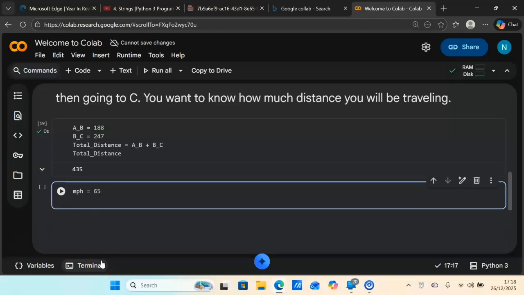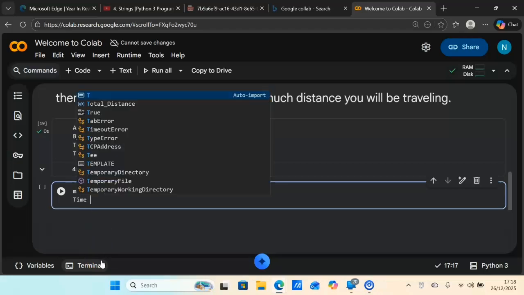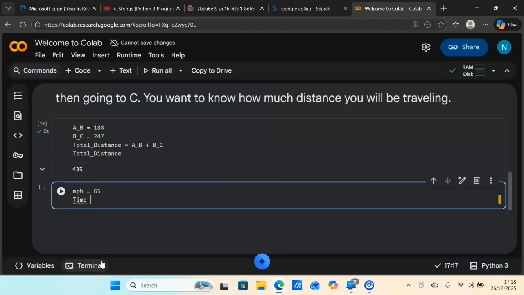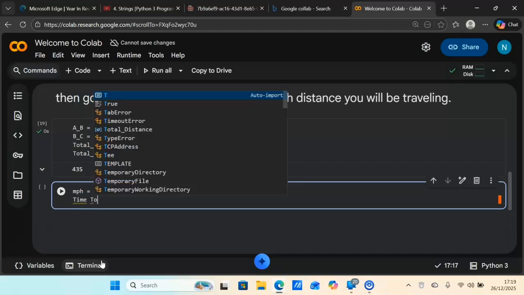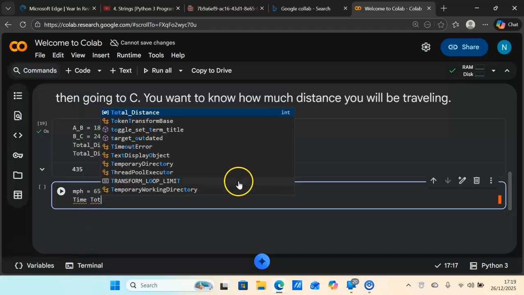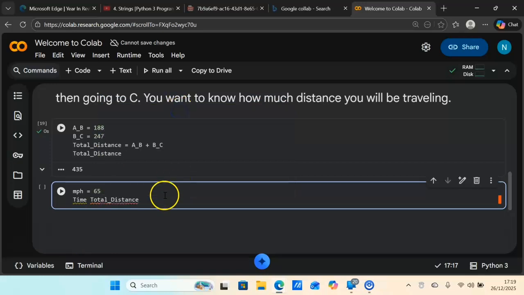So to calculate time, the formula to calculate time actually is distance over speed. So we're going to say total distance, then we divide it by speed. So I didn't put an equal sign here, that's why we're having that error.